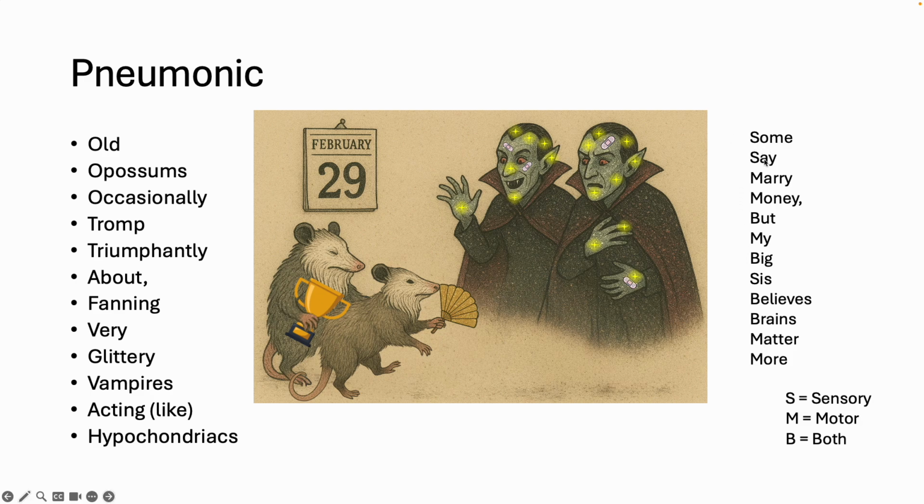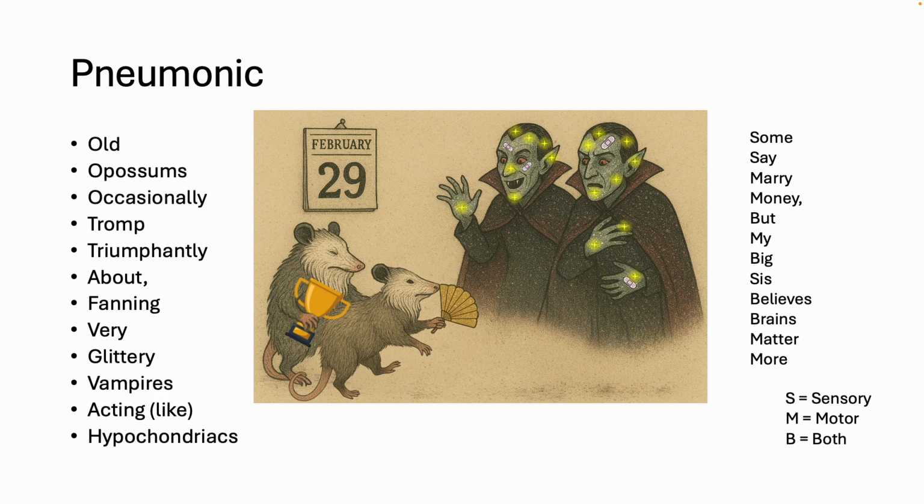So 1, 2, they're both sensory. Marry, money, these are both motor. But, that's both. My, motor. Big, both. Sis, sensory. Believes, brains, both. Matter, more, mixed for the cranial nerves 11 and 12.